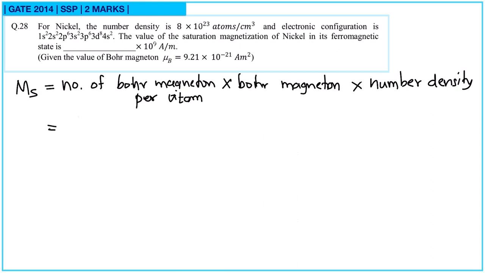So number of Bohr magneton per atom for nickel is 0.6 into μB, that is Bohr magneton, into n, that is number density.